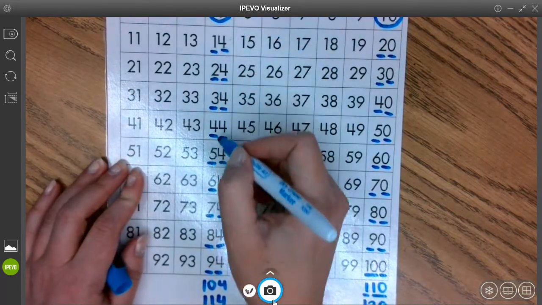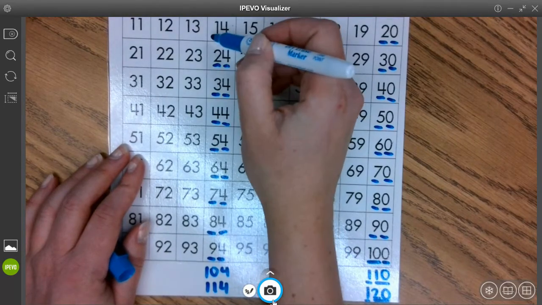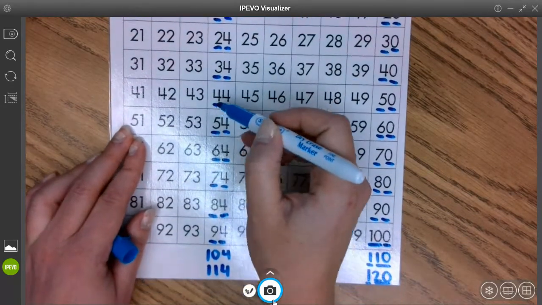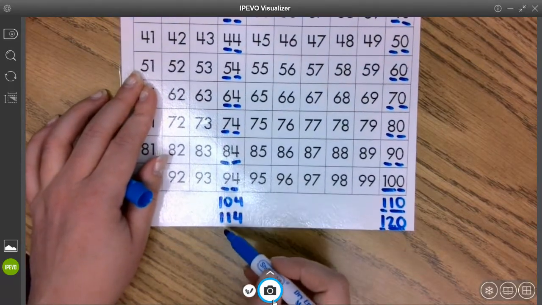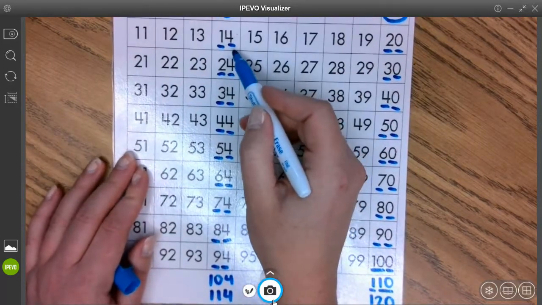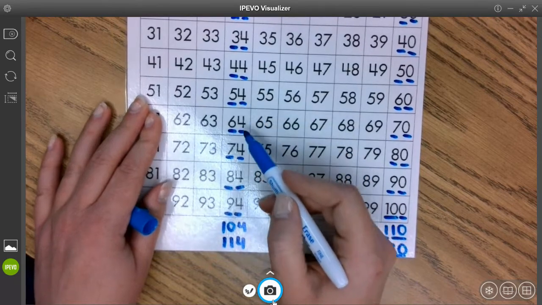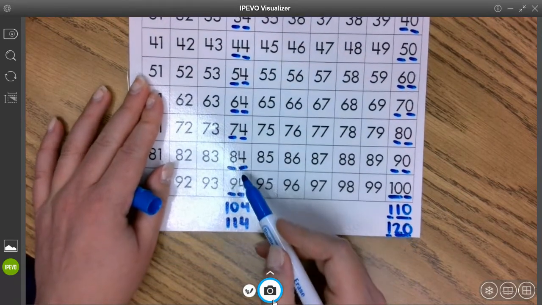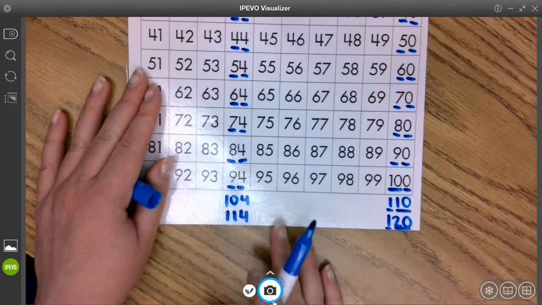And looking at the tens place, 0, 1, 2, 3, 4, 5, 6, 7, 8, 9, 10, 11 tens. Okay, so 4, 14, 24, 34, 44, 54, 64, 74, 84, 94, 104, 114.